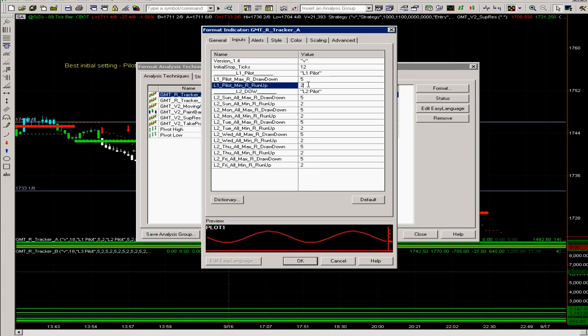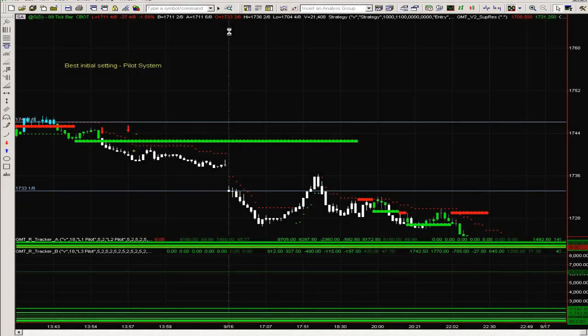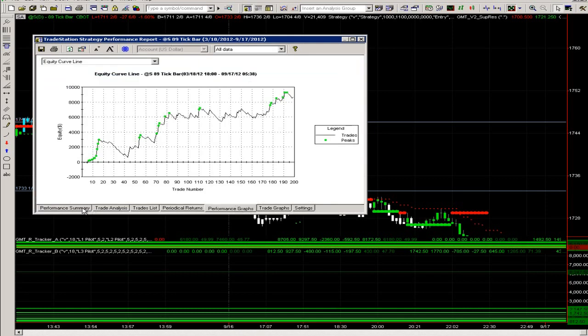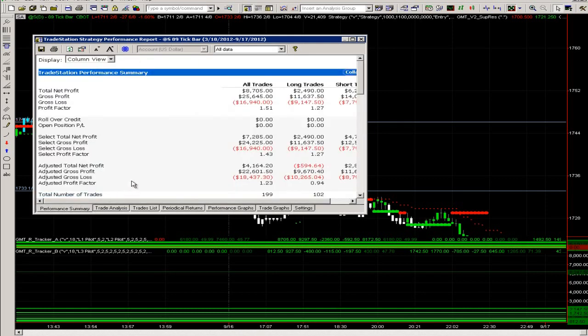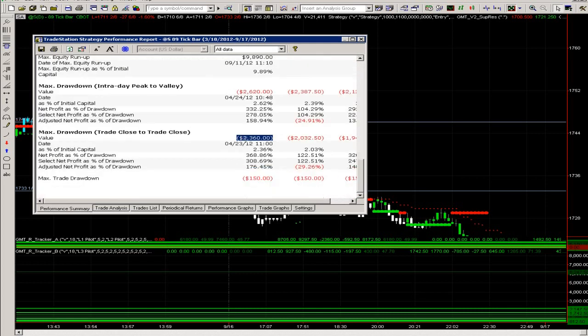Because for 750, if we have a look, we're going to close out of this for a second and have a look at our graph. We know that our drawdown is 2,300.